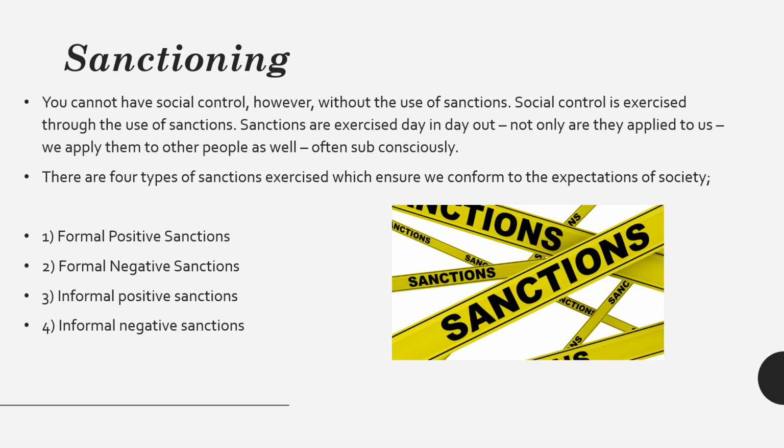So formal positive sanctions, positive being a good sanction, can include things like giving you social recognition, for example, the knighthood that the Queen does once a year. It can be things like bonuses in the workplace, award certificates in school. It can be even simple things like praise, congratulations, giving someone approval and recognition.